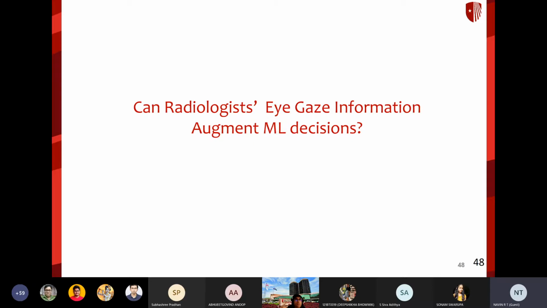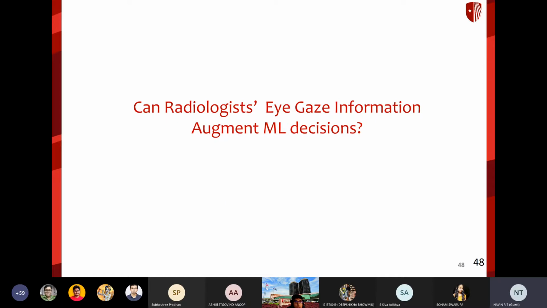Now, can we use machine learning or deep learning techniques to first study how radiologists look at these images, and then after understanding the inner mechanism of how the gaze patterns work, can we use that information within another machine learning algorithm to improve the performance of the second algorithm?